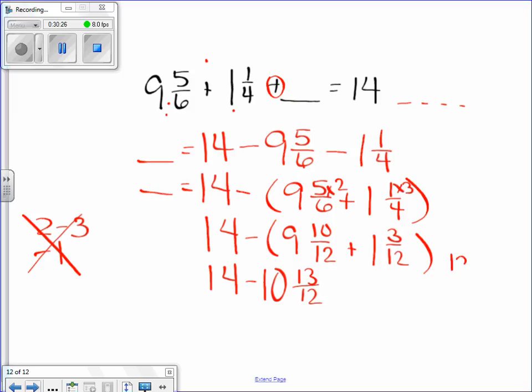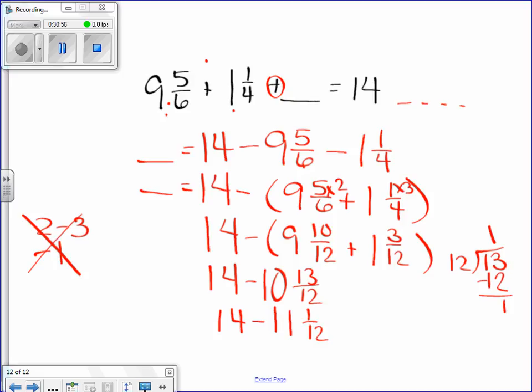So 12 into 13. 1. So 14 minus 11 and 1/12. You can't take your stuff might have been right. I don't know why you're changing it. You're taking 14 from 11.